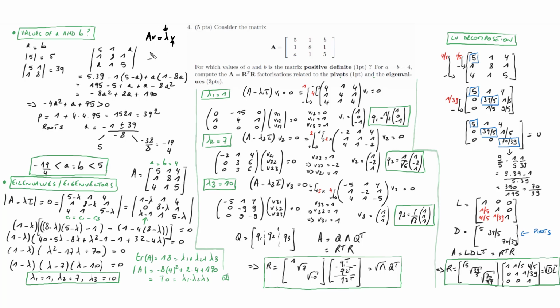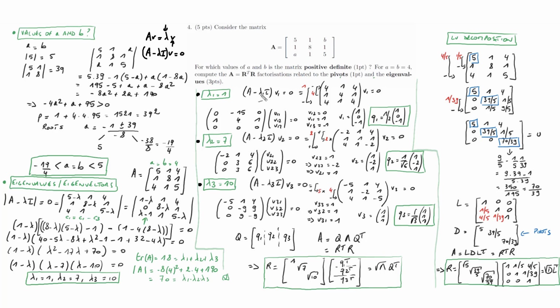One way to write this is simply by saying that (A minus lambda I) V is equal to 0. So this is what we'll be doing for lambda equals 1, lambda equals 7, and lambda equals 3, right?